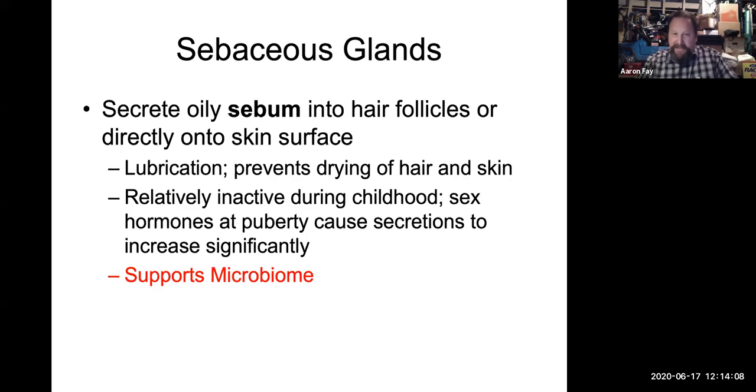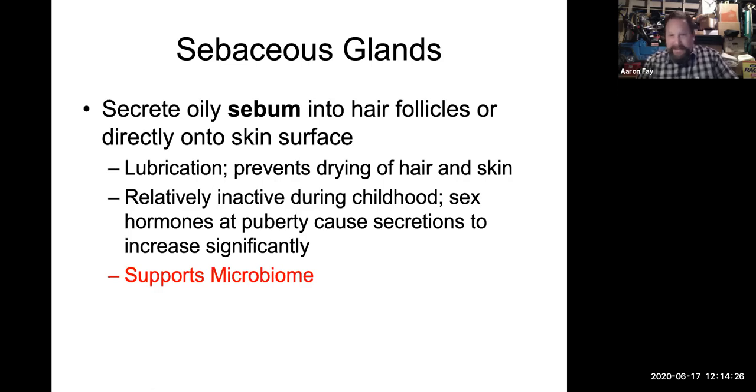Now, sebaceous glands are inactive during childhood, but they become much more active during puberty. So that's why your teenagers, they stink. Because when they're little kids tend not to smell so bad because their sebaceous glands are not active.